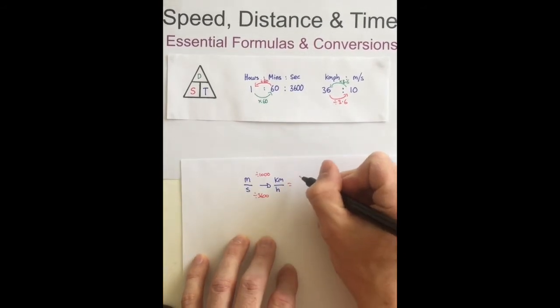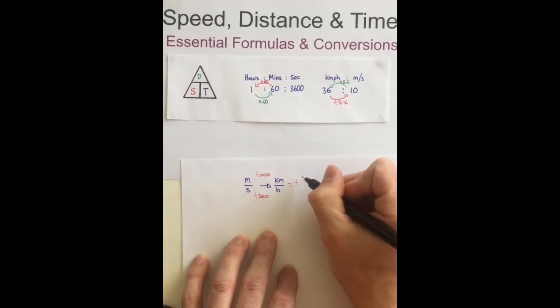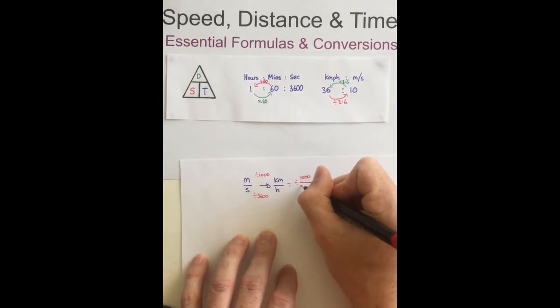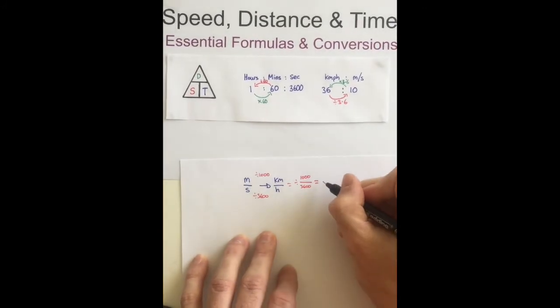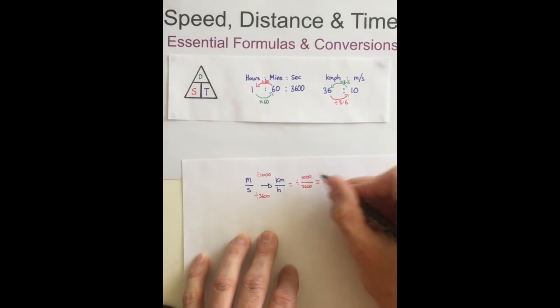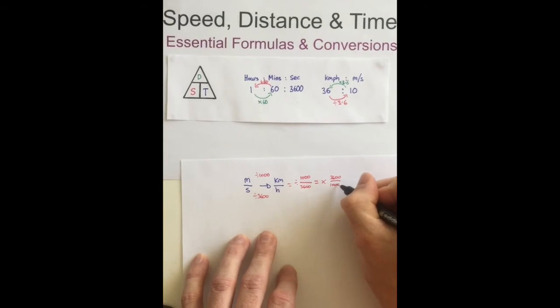So then we have actually a fraction. We're dividing by 1,000 over 3,600. And using our knowledge of fractions, that's the same as inverting the operation and inverting the fraction. So the 3,600 goes on the top and the 1,000 goes on the bottom.